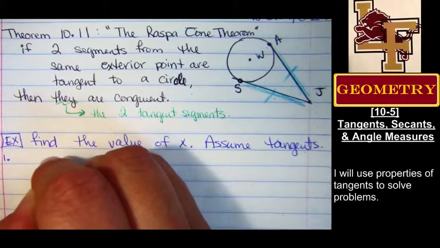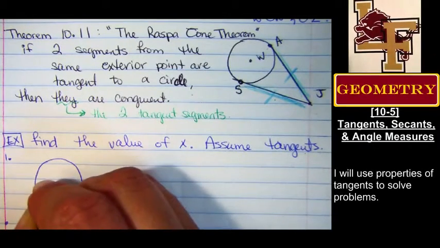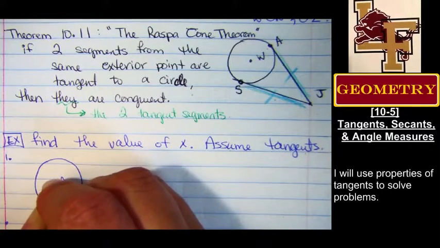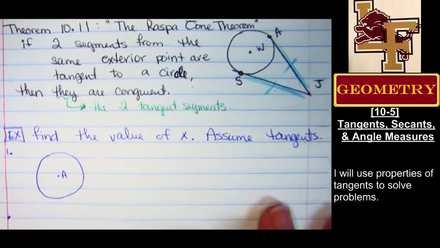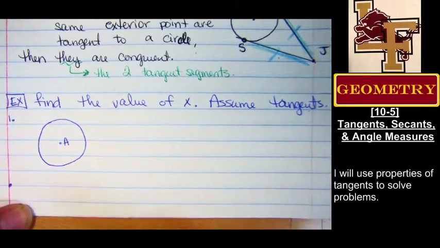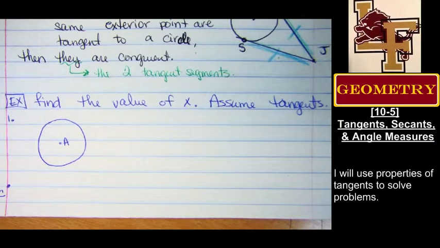All right, here's my first figure. For number 1, draw a circle. Name it A. Draw some point exterior to the circle and name it C. Take your straight edge and draw 2 tangent segments from C toward the circle.